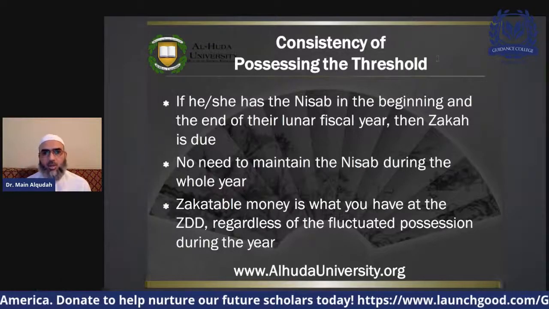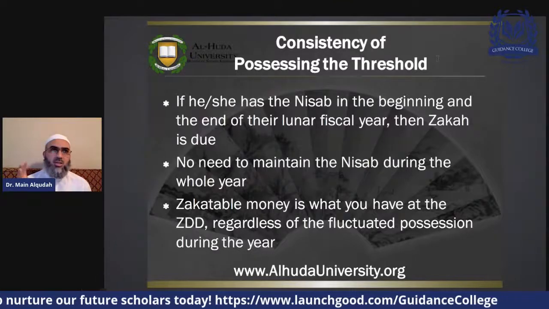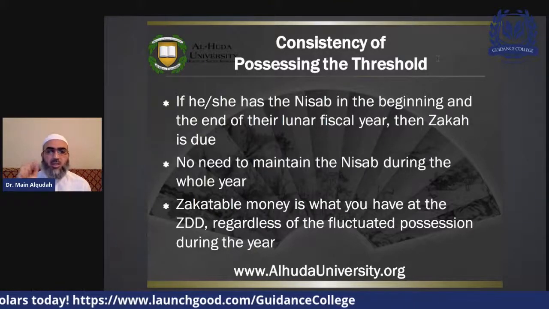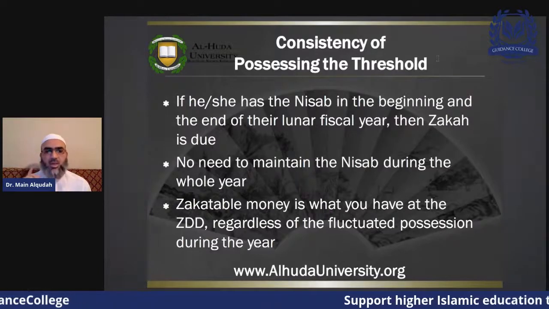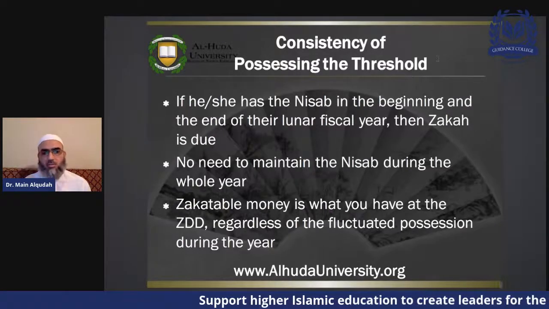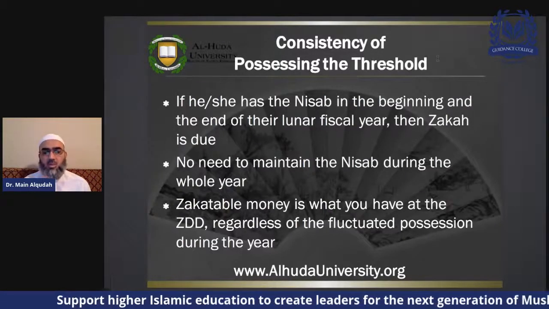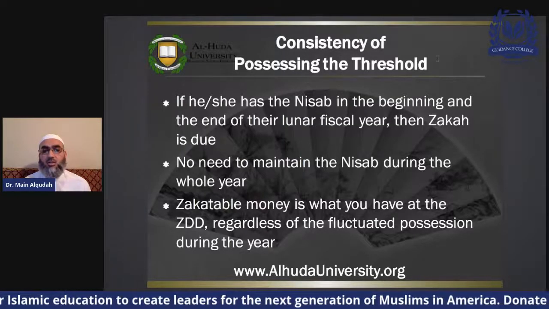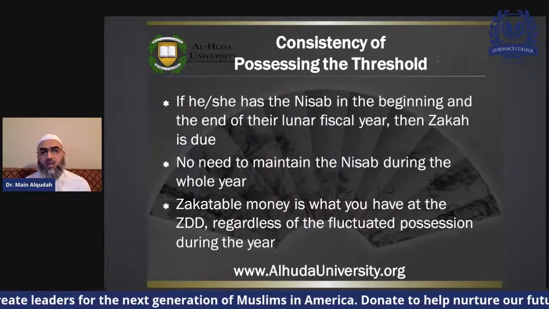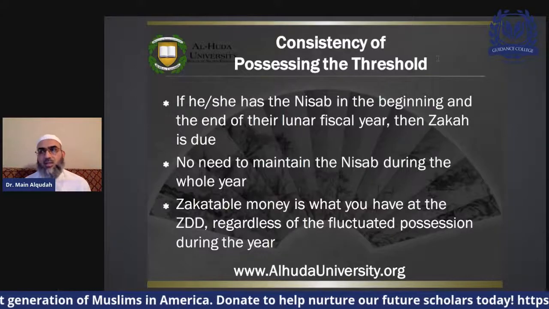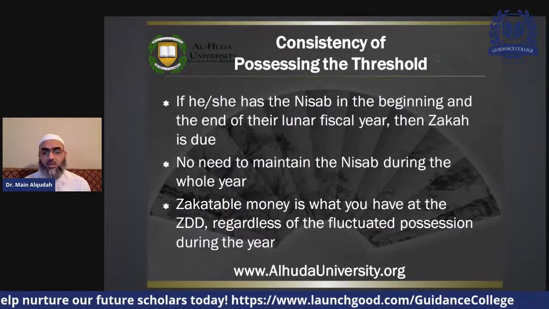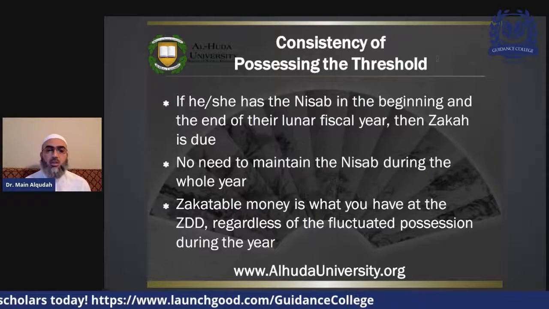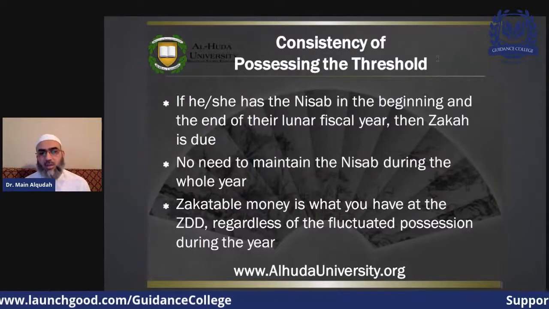Since the nisab is established, technically speaking, this is the beginning of your fiscal lunar zakah year. Next year in the month of Rajab, if you still have a minimum of $4,500 or more, then definitely you have to pay zakah. This does not mean that you have to keep up that nisab, that $4,500 in our example, throughout the whole year long. You don't have to keep up that money.